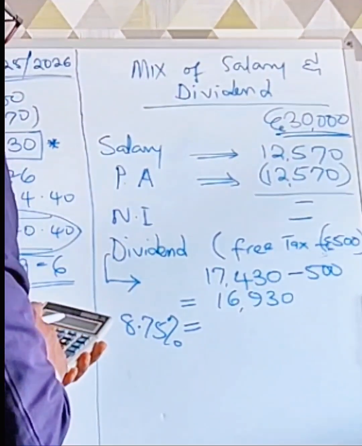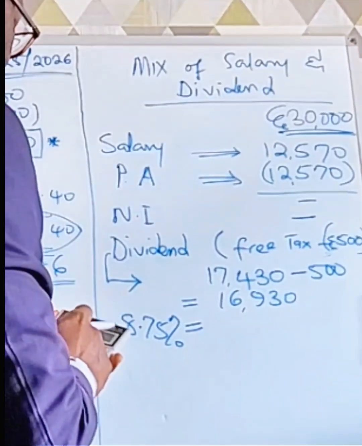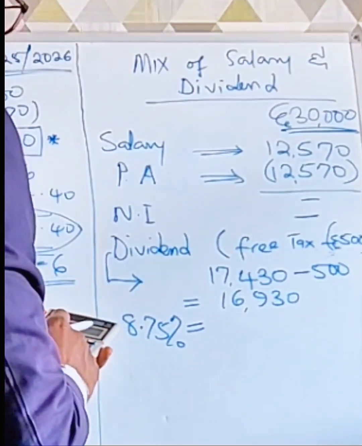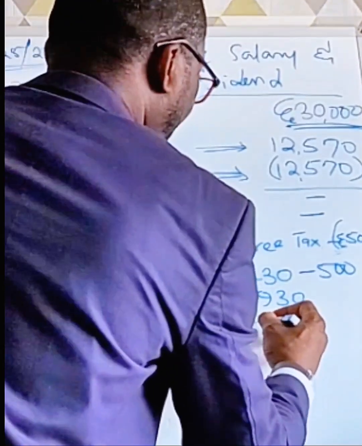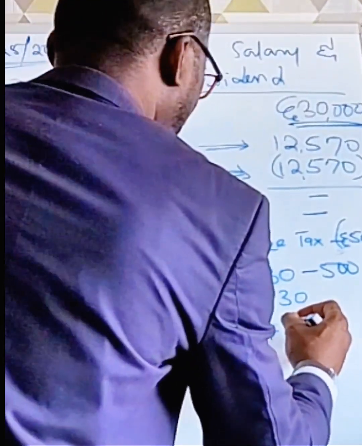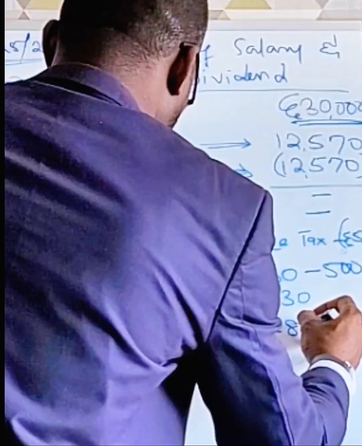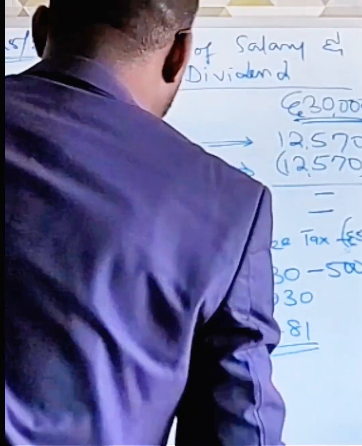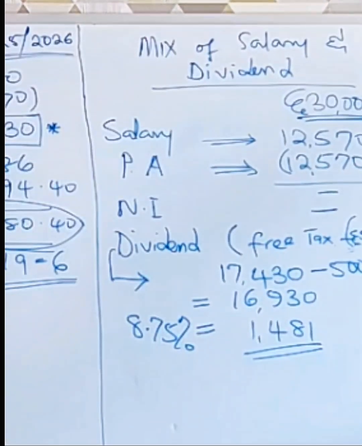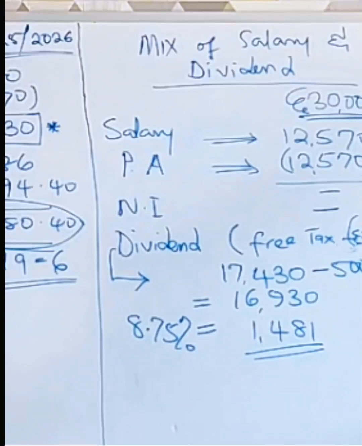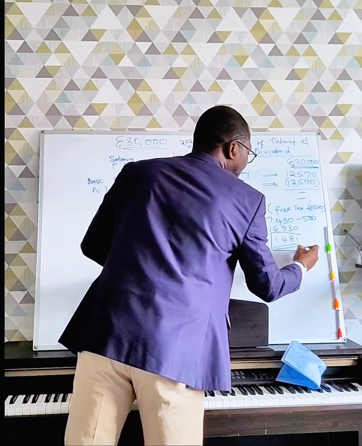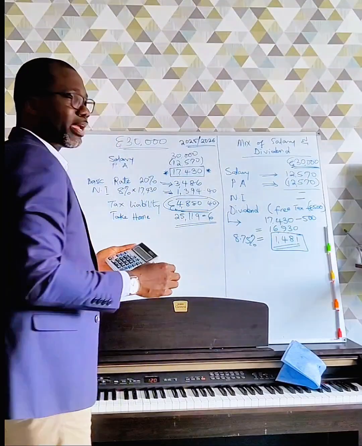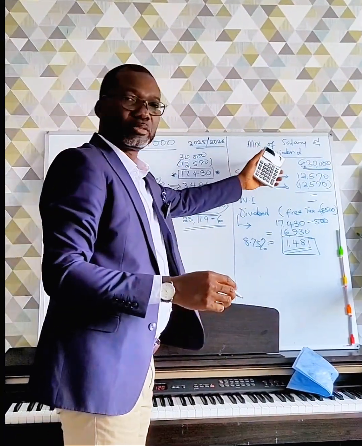Times 16,930. So we have 1,481. And this is what you will pay under this option.